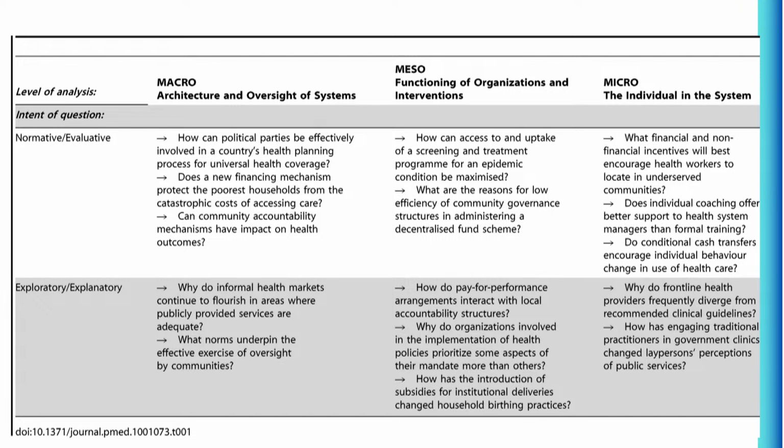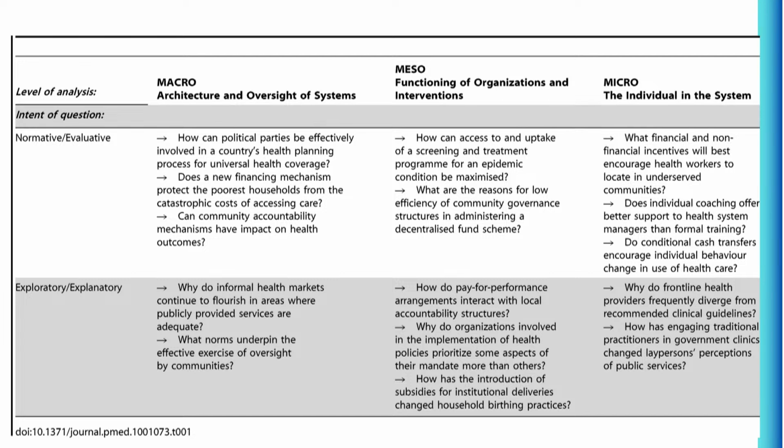Looking at the macro level, an example of an exploratory study is: why do informal health markets flourish in areas where publicly provided services are adequate? Okay, it's an exploratory question. Explanatory: what norms underpin the effective exercise of oversight by communities?